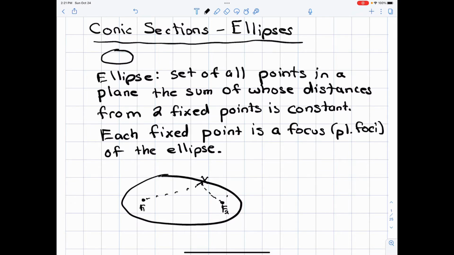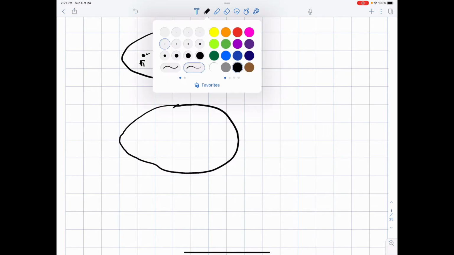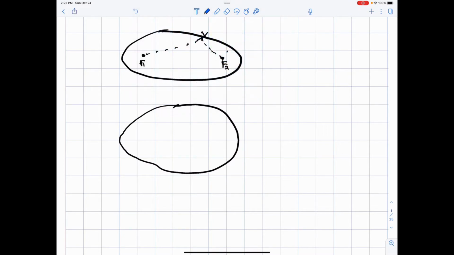All right, so let me identify some different pieces to this so that you know what we're talking about. Again, I'm just doing a very rough sketch here. Sorry, I'll try to do better later when we're actually graphing things. On the ellipse, you're going to find that it's wider in one direction and narrower in another.